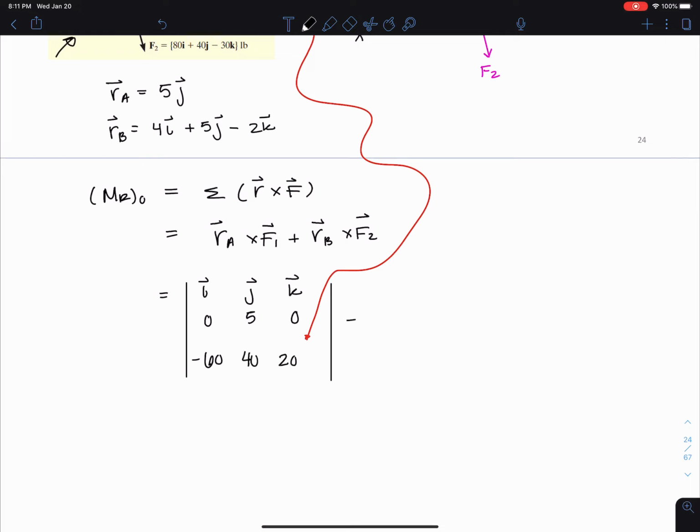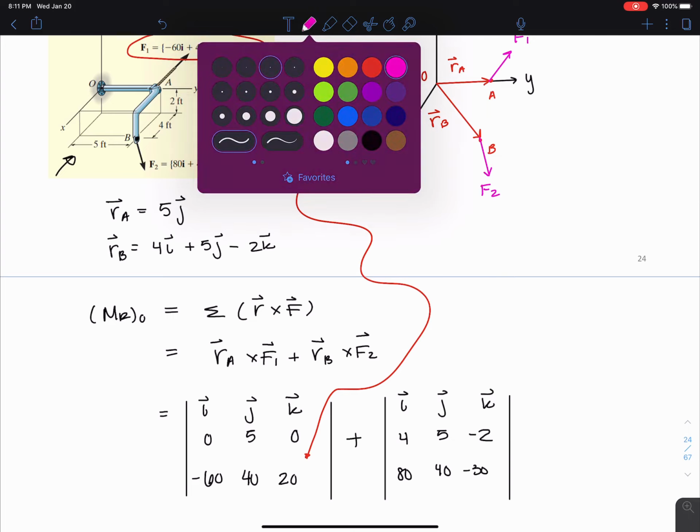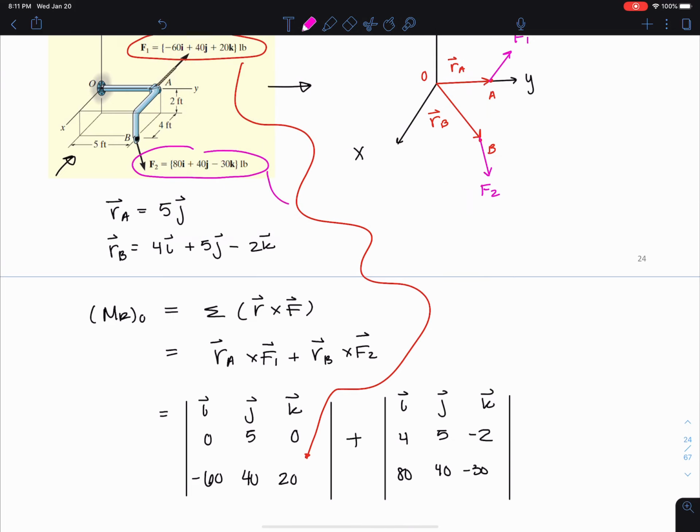Then I'm going to add that to my second cross product. Again, I have the i, j, and k directions, and now I have RB, which is 4, 5, negative 2. Then I have 80, 40, and negative 30 for this F2 that was given in the problem.